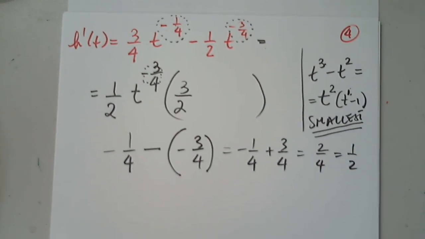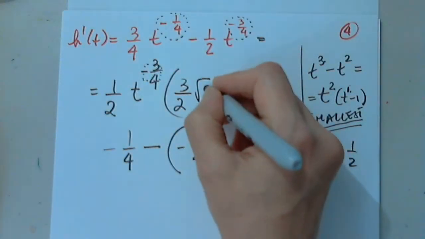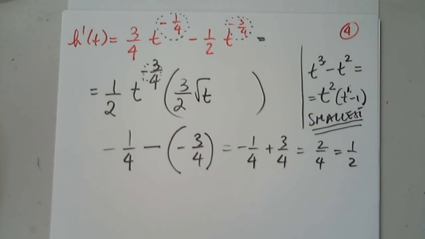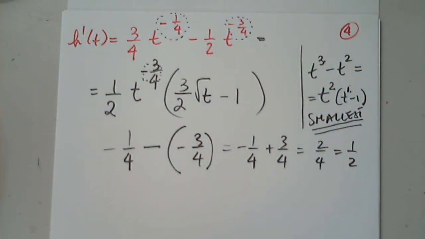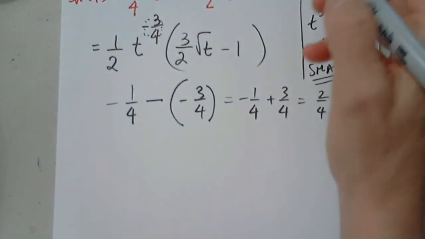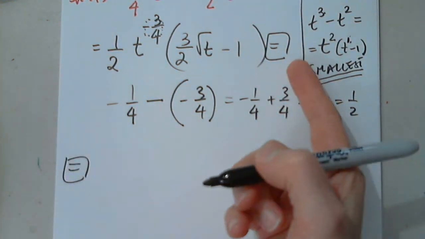Any questions so far? Which means this is the square root of t. And then that's -1. Any questions? I will continue here. I'm jumping over all this and continue here.